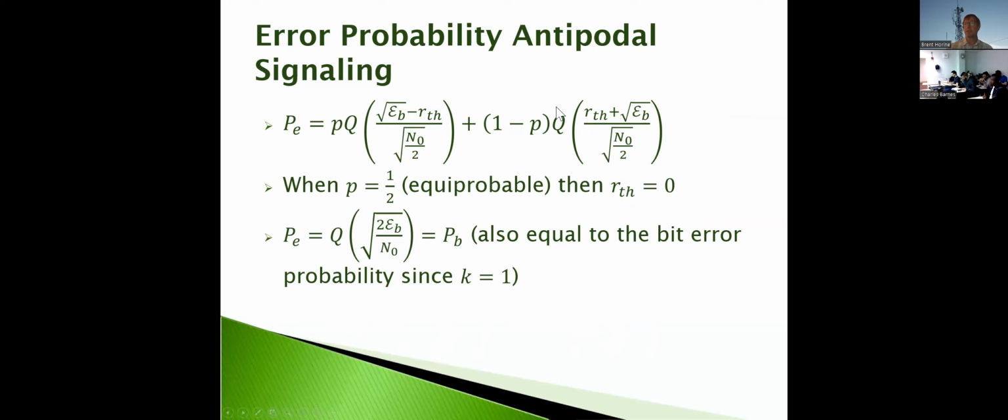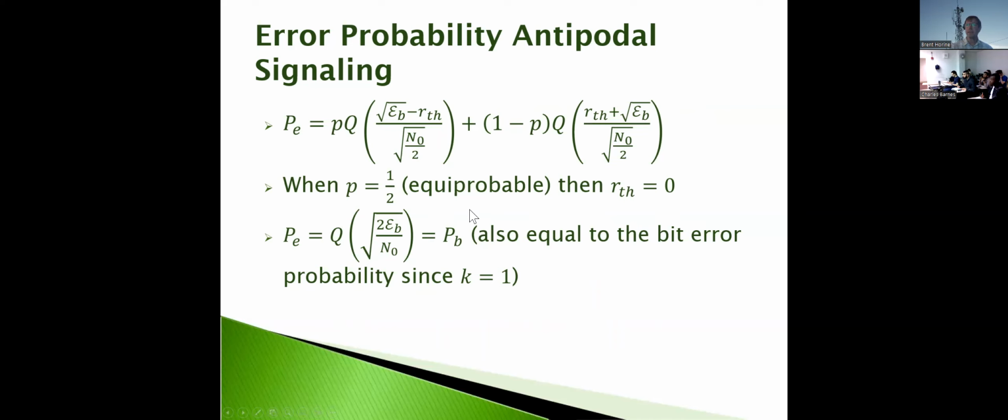And of course, these p's now get simplified. We'll note that now if RTH is 0, then the arguments are the same, so we can just add up these. So that's 1/2. That's 1 minus 1/2 is 1/2. So they just sum to 1.